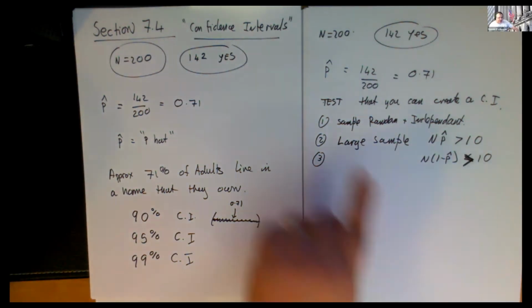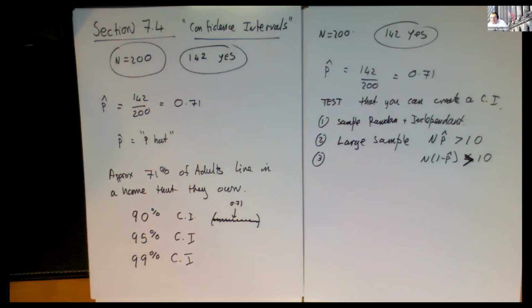So if I went back to this story and I asked people, did you own your house? And only 3 of them said yes. Do you know the n p hat would be 6 and it would fail? The sample wasn't big enough to get a good estimate, a good confidence interval.